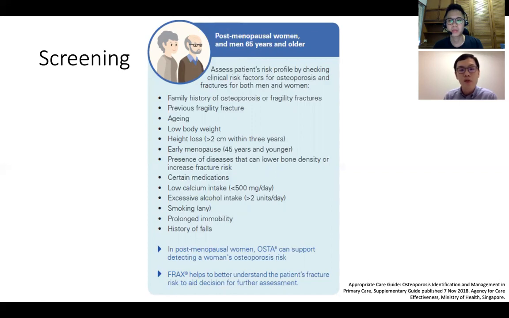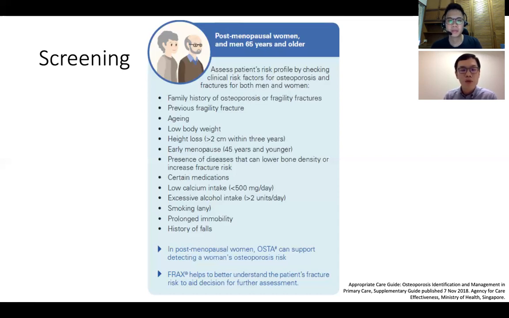Lifestyle factors like smoking, excess alcohol intake, lack of physical activity or poor diet put them at increased risk. Disease factors like rheumatoid arthritis, diseases that require steroid treatment, early menopause, or certain endocrine disorders like hyperparathyroidism also put them at increased risk for early bone loss.